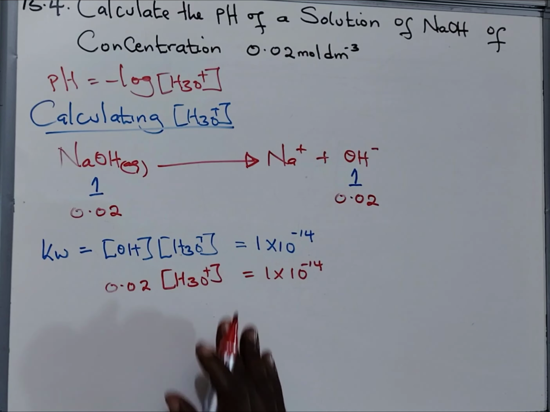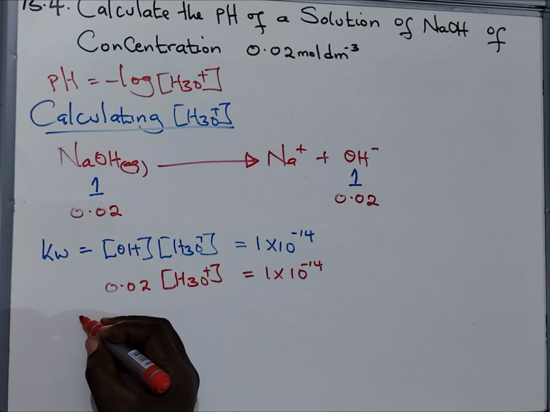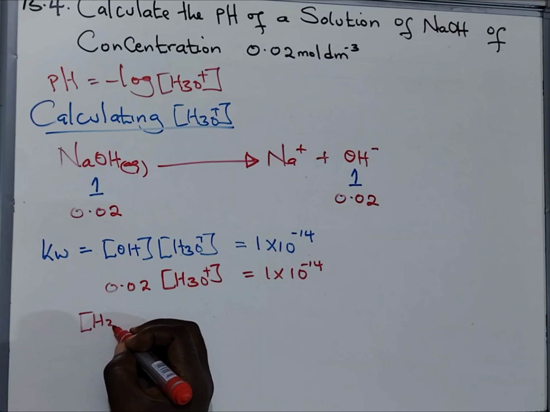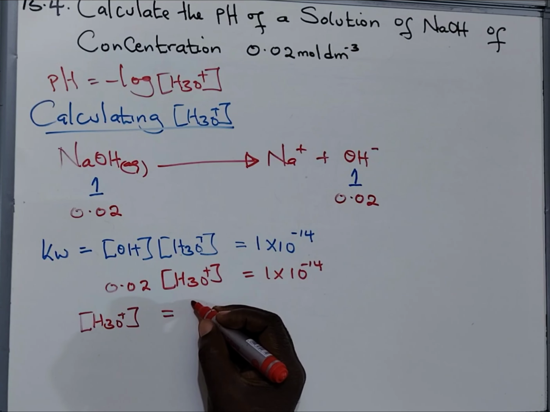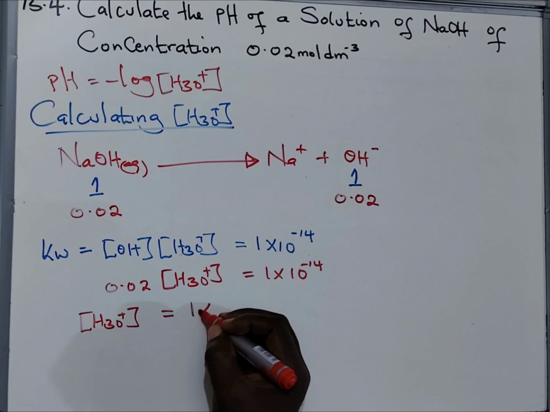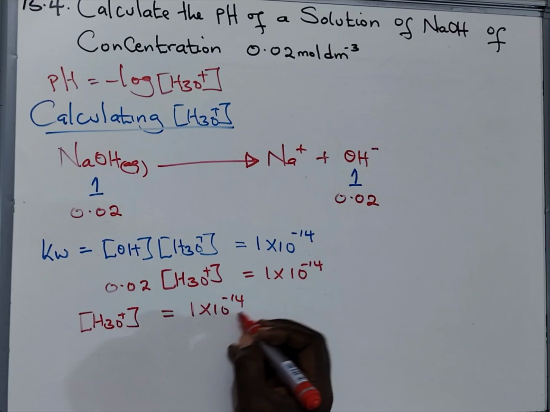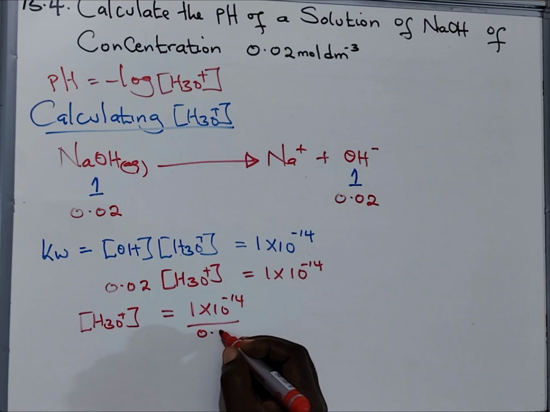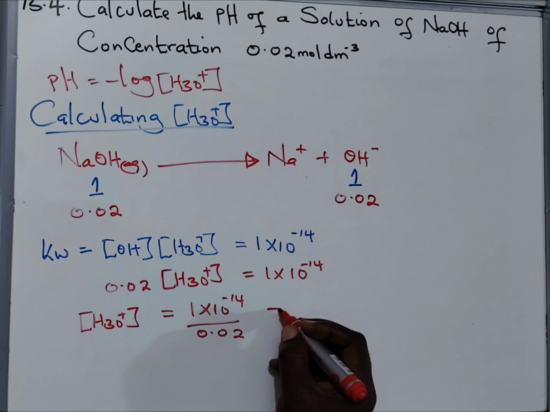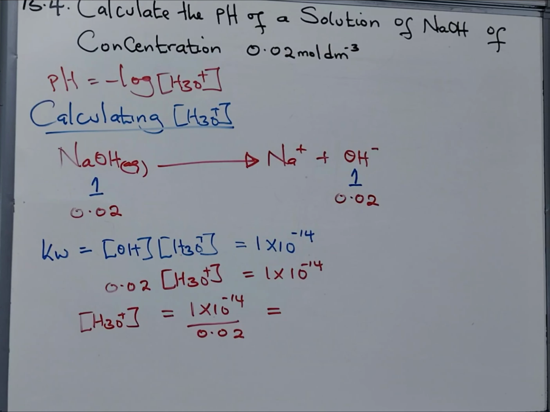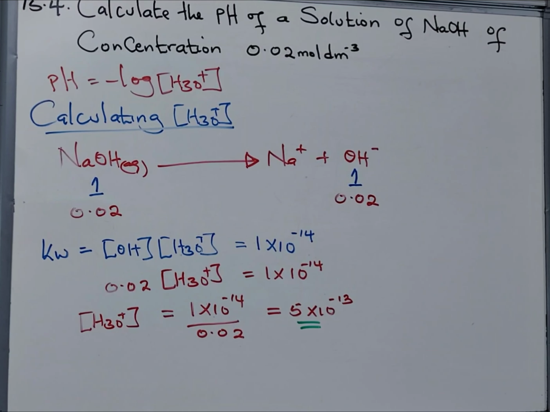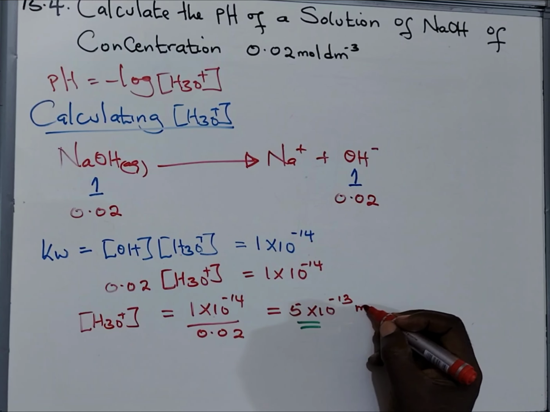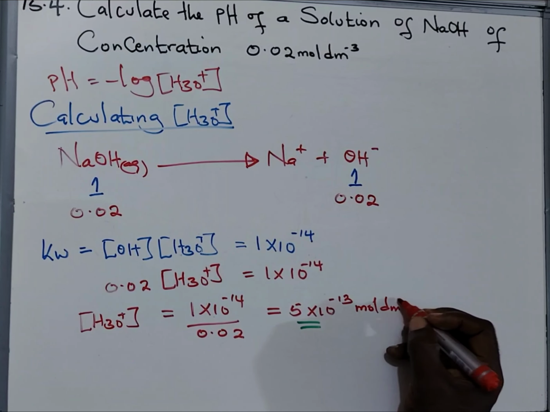From here, what do we get? Now we know the concentration of hydronium ions. It's going to be 1 times 10 power minus 14 over 0.02. Now we have the concentration of hydronium ions, 5 times 10 power minus 13. The units are moles per cubic decimeter.